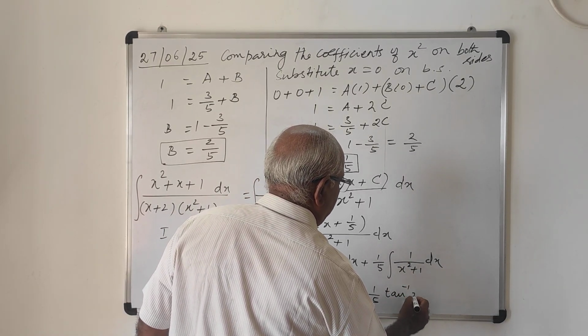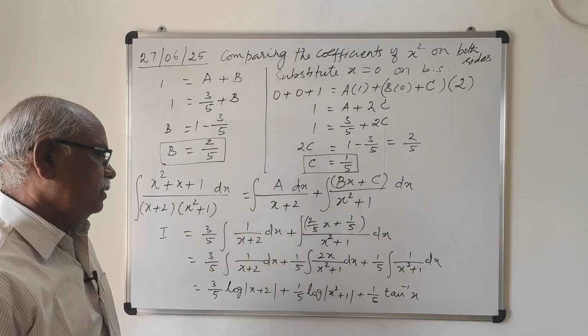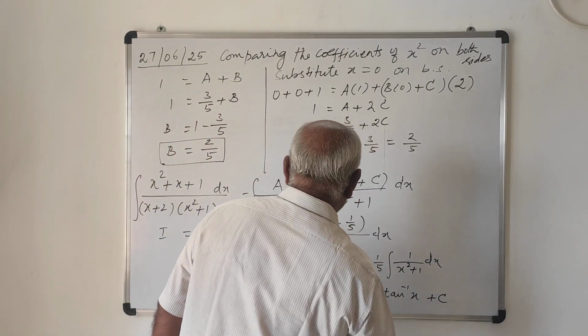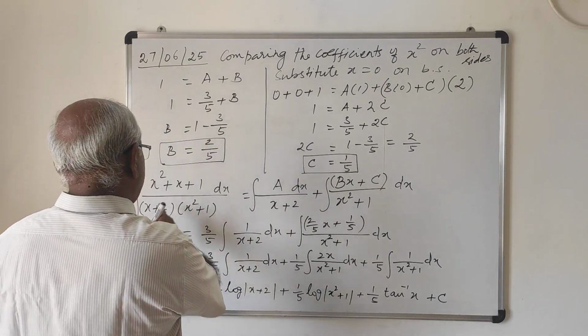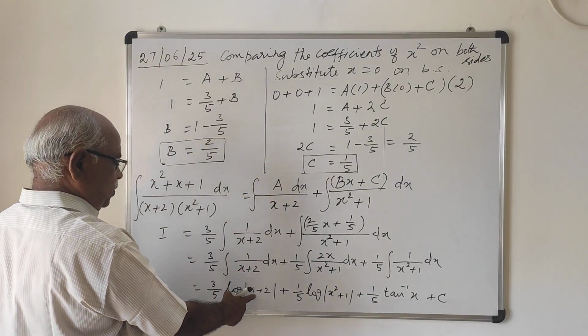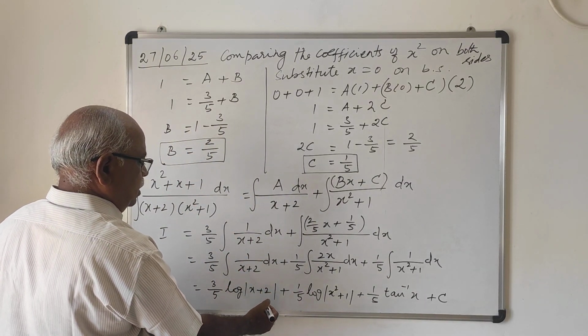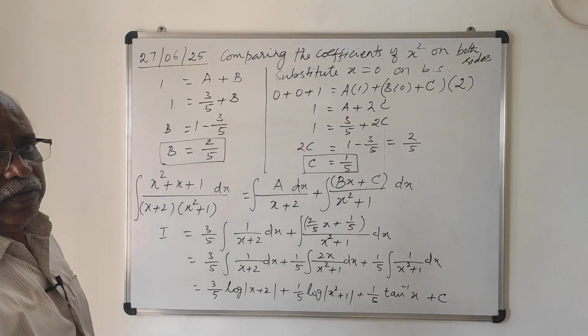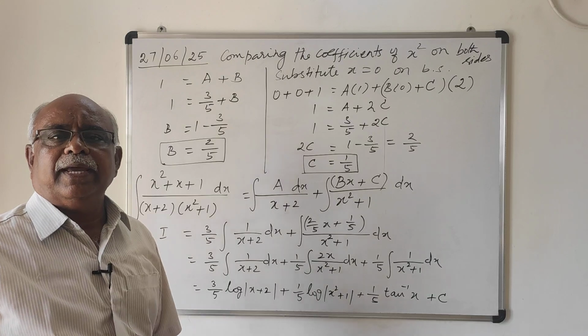You know by formula integral 1 by 1 plus x square is tan inverse of x plus an integrating constant c. So the answer for this problem is 3 by 5 log of x plus 2 plus 1 by 5 into log of x square plus 1 plus 1 by 5 into tan inverse of x plus c. That's all.